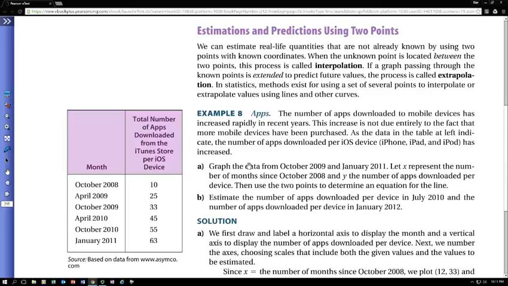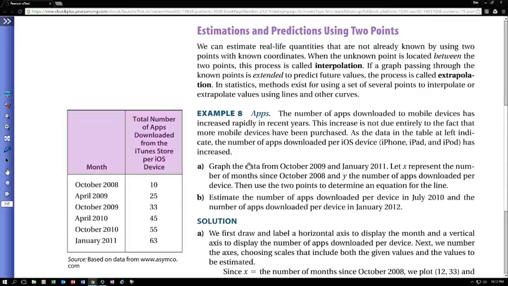Now example 8, apps. Here it says the number of apps downloaded onto mobile devices has increased rapidly in recent years. This increase is due entirely to the fact that more mobile devices have been purchased, which makes sense, right? As the data in the table at the left indicate, the number of apps downloaded per iOS device, iPhone, iPad, or iPod.